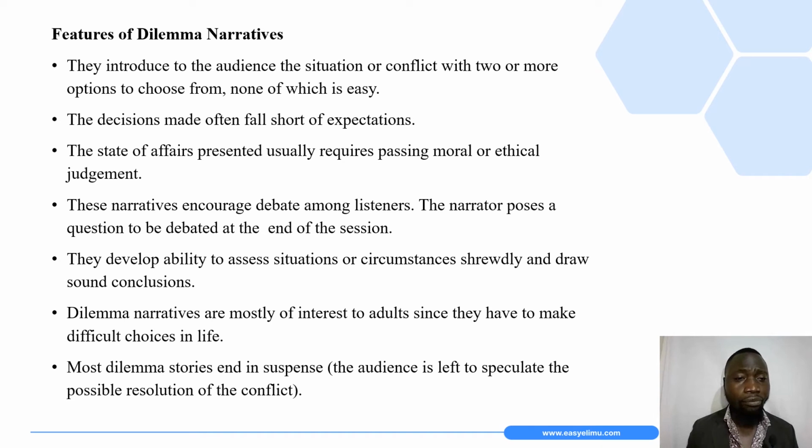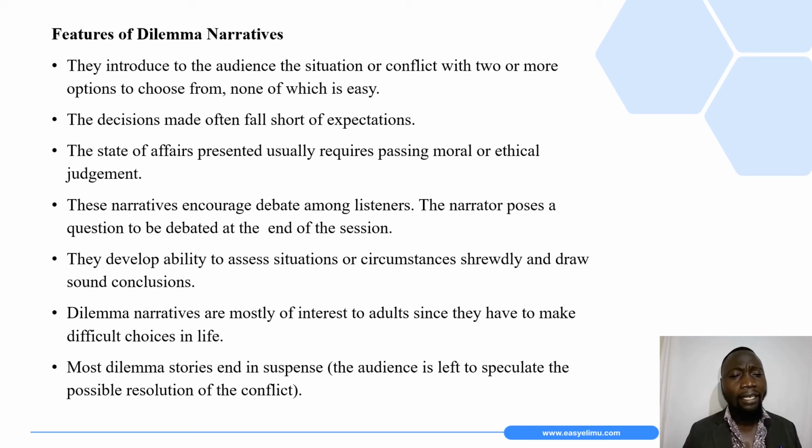Then again, the state of affairs presented in these narratives usually requires passing moral or ethical judgment, and that is why the choices are usually of moral nature and seem equally good or bad. Another thing is that these narratives encourage debate among listeners, because the narrator poses a question to be debated at the end of the session.